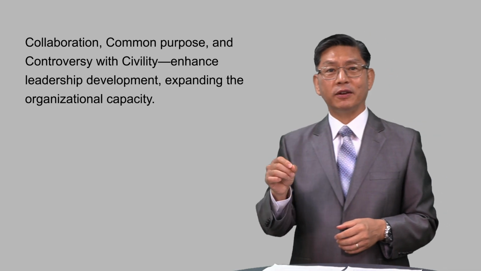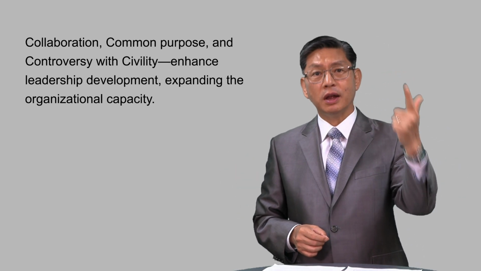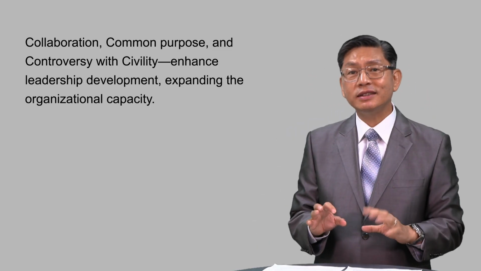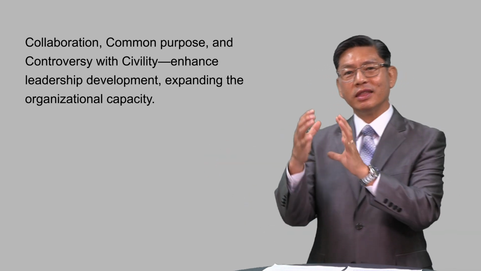And the next set of three elements, collaboration, common purpose, controversy with civility, will enhance leadership development, expanding the organizational capacity. Then the individual will become more influential with the church and globally as a citizen of our society.